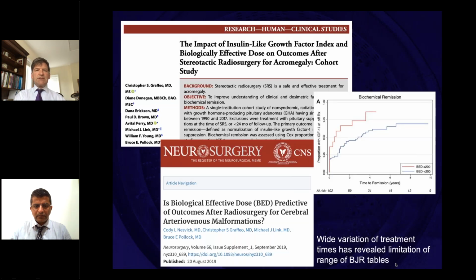As I already mentioned, using these techniques, the Mayo Clinic have produced 2 papers, and in fact here you can see on the right the chart showing the difference in biochemical remission between patients that received a BED of greater than 200 and those that received a BED of less than 200.